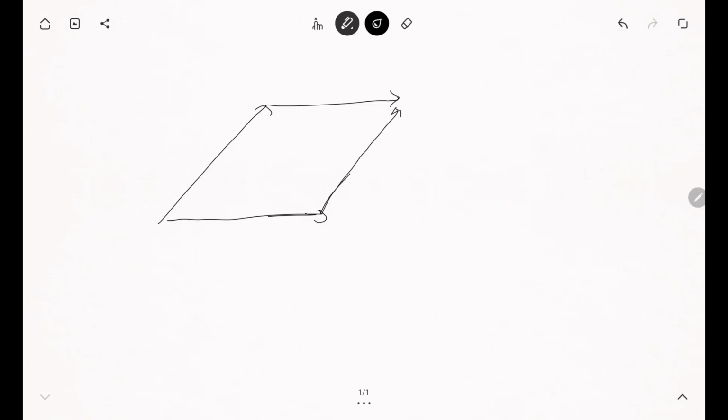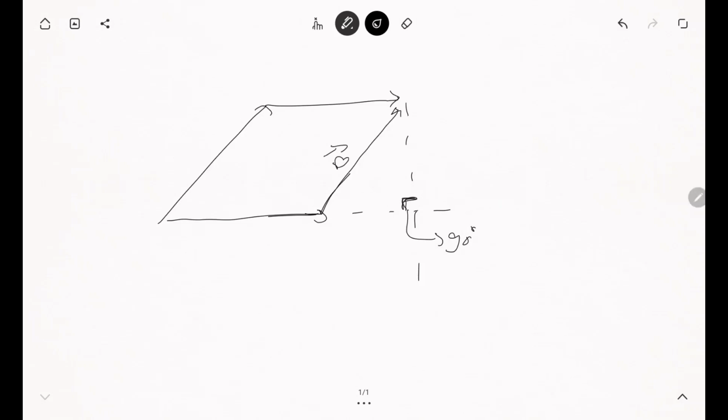Alright, so now that we've got a parallelogram here, we can drop a perpendicular to come like this. So we get a 90 degrees here. Alright, so since we get a 90 degrees here, if you're getting where we're going at, we are going at trigonometric ratios again. So this is b vector.